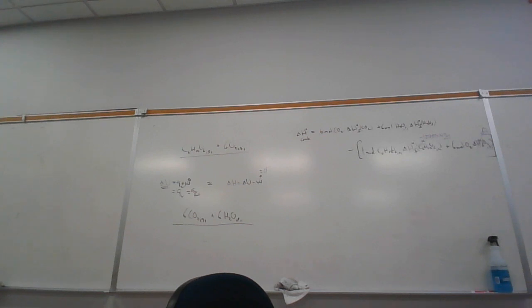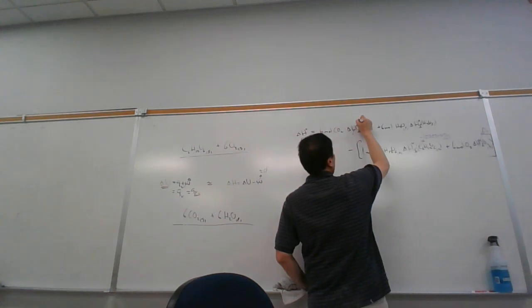And so let's go to appendix D. So the delta H of formation of CO2 gas is minus 393.5 kilojoules per mole of CO2.